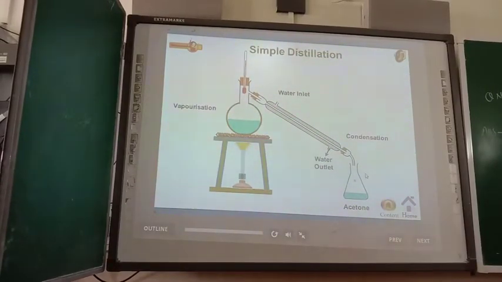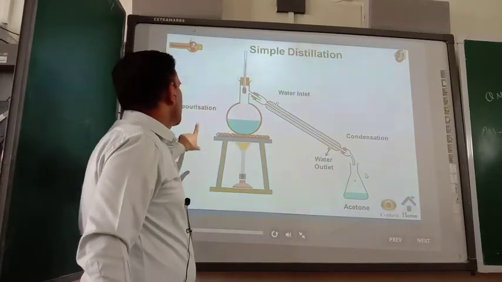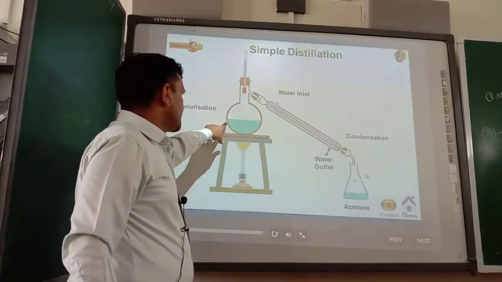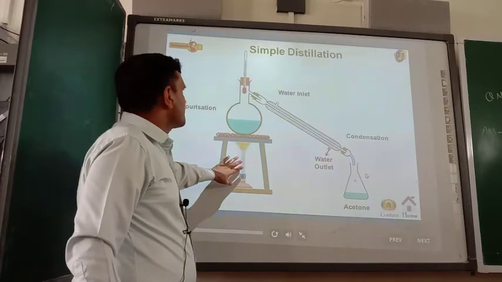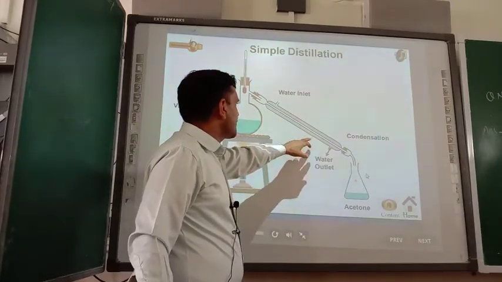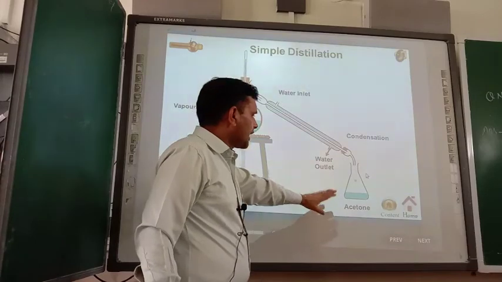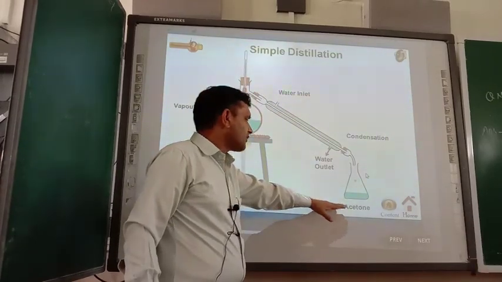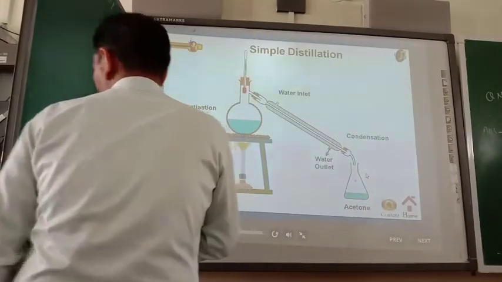So dear cadets, this is the simple procedure for simple distillation. This is the distillation flask. Here what is there? Tripod stand with the Bunsen burner. This is the thermometer. This is the condenser tube. This is water inlet. This is water outlet. And this one, just see. First, who will come out? Acetone. Let us see the entire process.